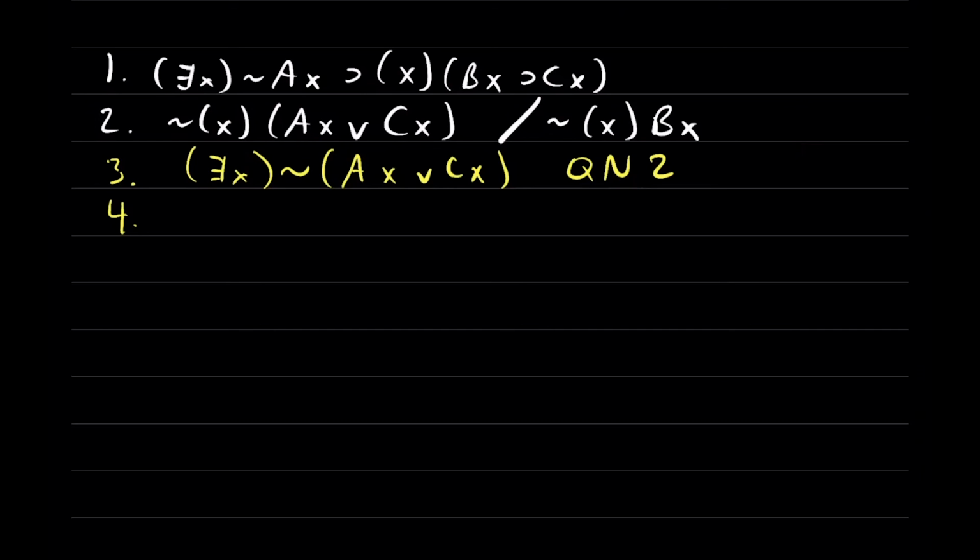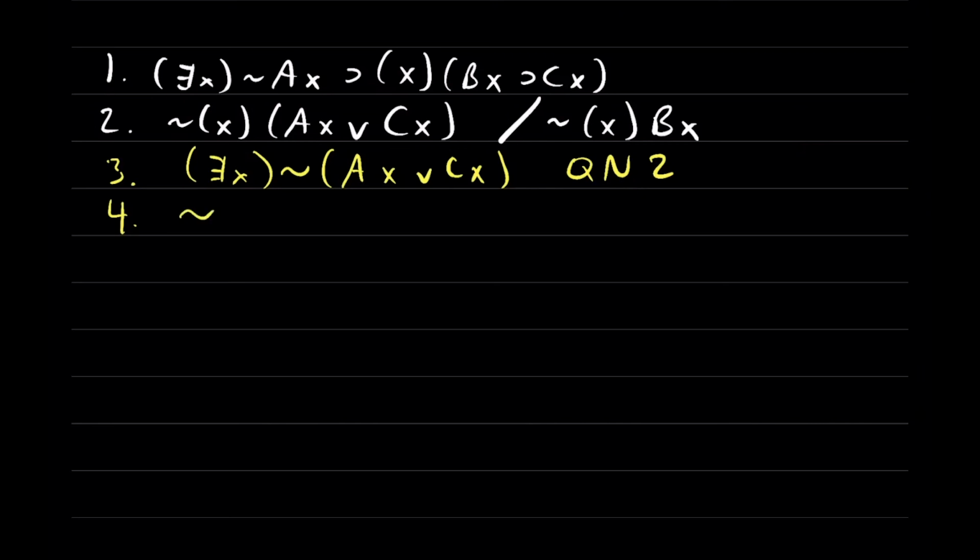Now here we don't have to worry about it. There are no constants in the proof already. But say the lowercase letter a had already appeared in the proof somewhere, we would have to use something like the lowercase letter b or c or d, some new constant that doesn't already exist in the proof. Here we don't have to worry about it, so I'm just going to instantiate it with a lowercase letter a constant a. So I'm going to drop the quantifier, and I'm going to have a statement like this.